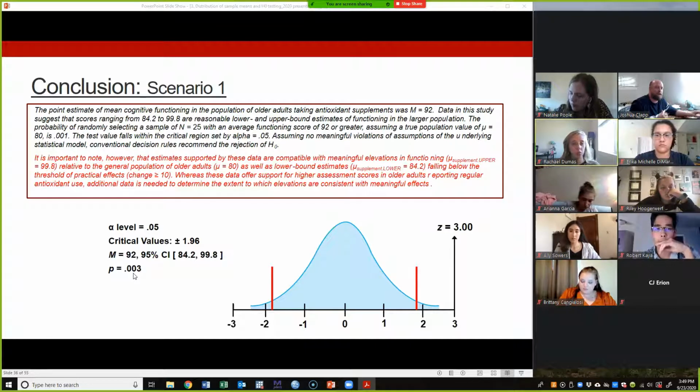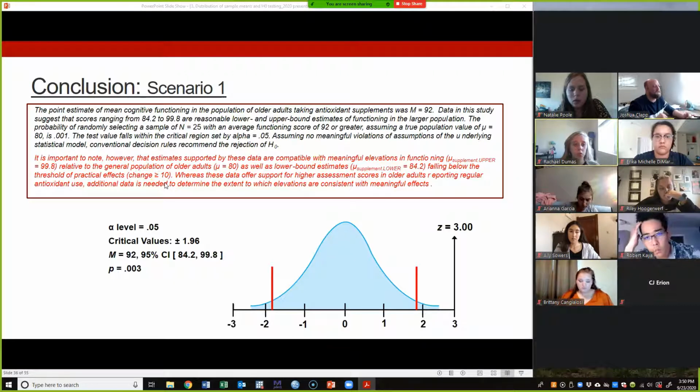Okay. So up here I'm giving my interpretation of things, but then also wanting to think about the meaningful impact of our results, right? So here we say it's important to note, however, that estimates supported by these data are compatible with meaningful elevations in functioning relative to the general population of older adults, as well as lower bound estimates falling below the threshold for practical effects.